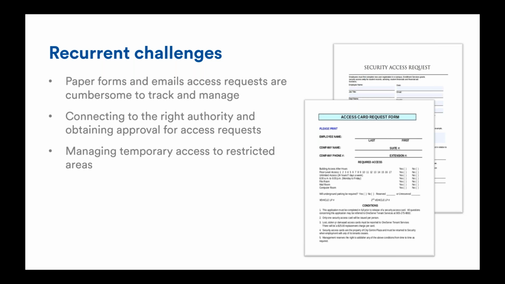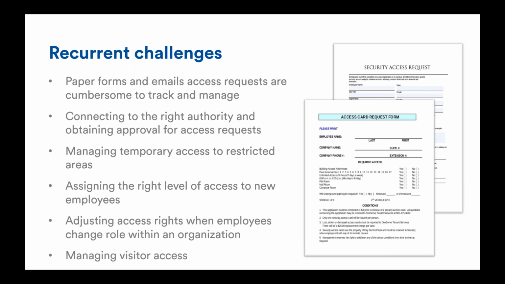With the current model, it's difficult to actively manage temporary access and the rights of new employees. When an employee changes roles within an organization, usually their access rights change as well, and currently this task is manually done by an administrator. Visitor access is usually provided by a generic badge and an escort at the front desk.